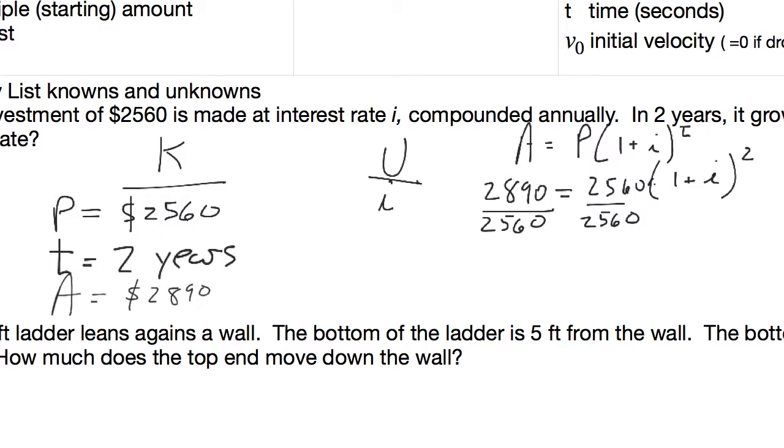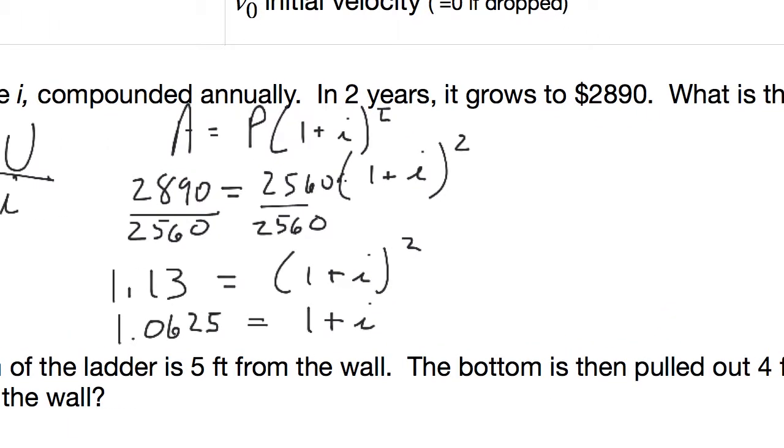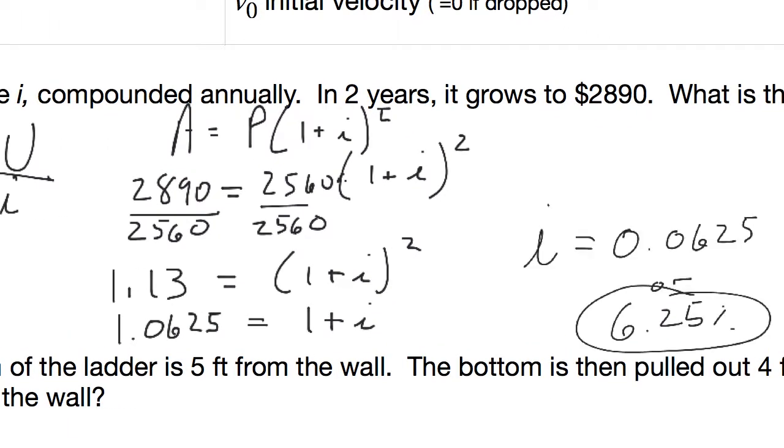Then we get, using a calculator, approximately 1.13 is equal to 1 plus I squared. Taking the square root of both sides, again using a calculator, we get 1.0625 equals 1 plus I. I'm going to ignore the plus or minus because we know we can only have a positive interest rate. Then when you subtract 1 from both sides, you get your answer. I is equal to 0.0625 or 6.25%.